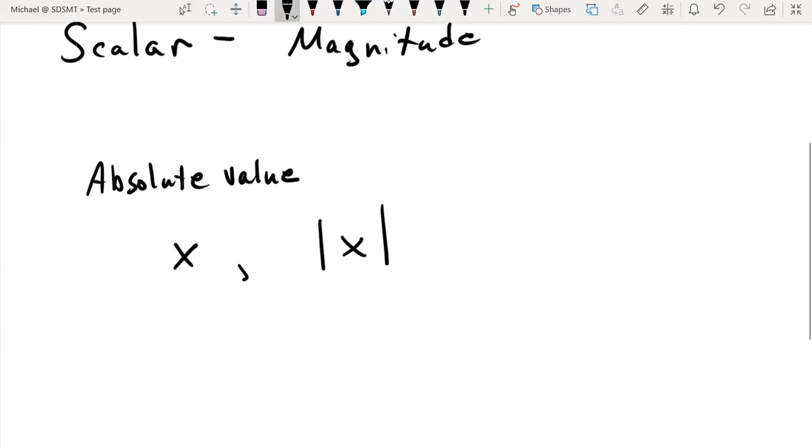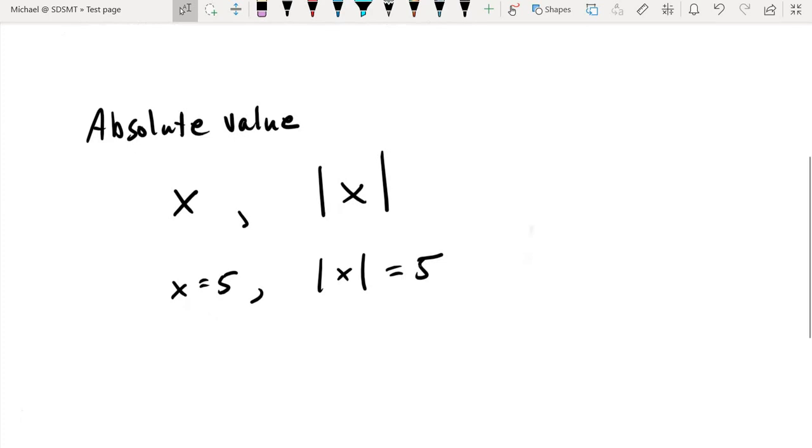So in other words, if x was equal to 5, then the magnitude of x would equal 5, and that's not surprising. But if x equaled -3, then the magnitude of that would be +3.